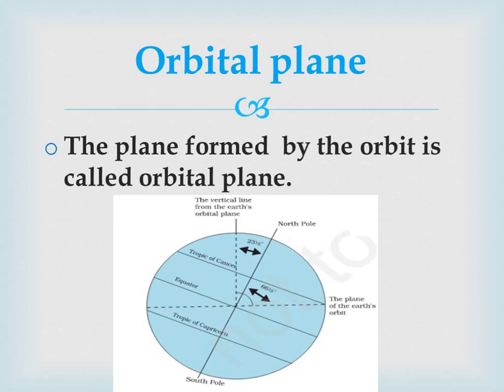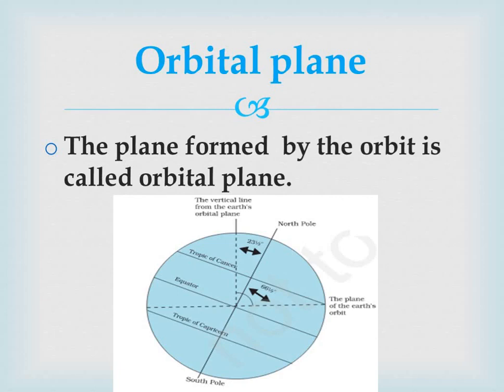Orbital plane. The plane that is formed by the orbit is called the orbital plane. Now for better understanding, just see the diagram. There it is written the plane of the earth's orbit.